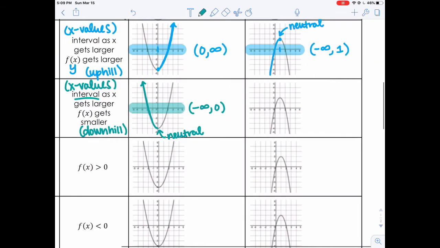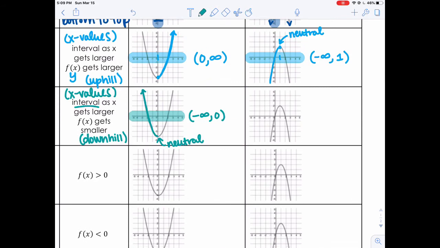Similar for the other example, it's going to be the other half. So starting at our vertex and going downhill on the right-hand side, I would be decreasing from the vertex all the way to positive infinity for our x values. So the interval would be from 1 to positive infinity.